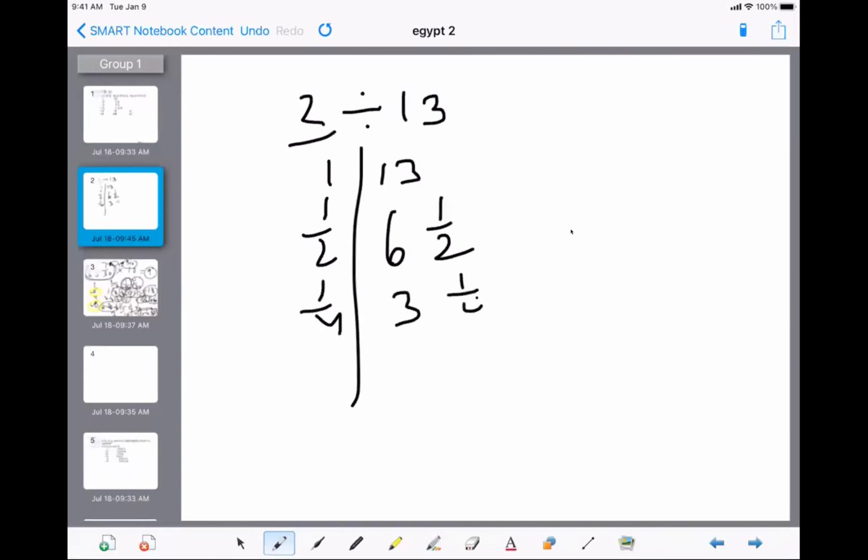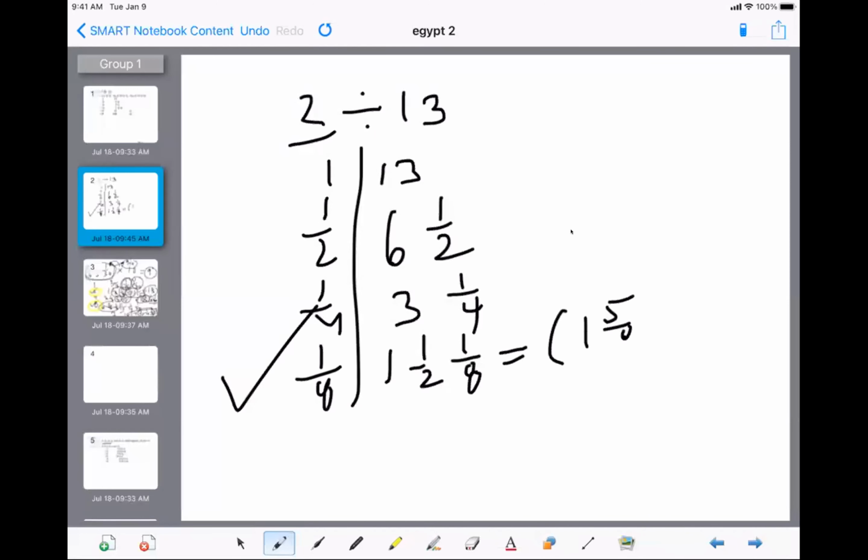And it's still bigger than 2, so we do an 1/8. And we end up with 13 becomes 1.5, and 1/4 becomes 1/8. And this is good. It's pretty close to 2, but it's not 2. It's 1 5/8, just in modern terms. So we need 3/8 more.